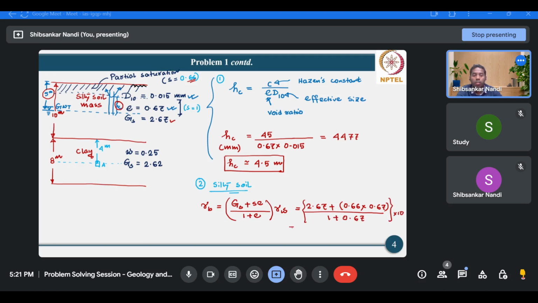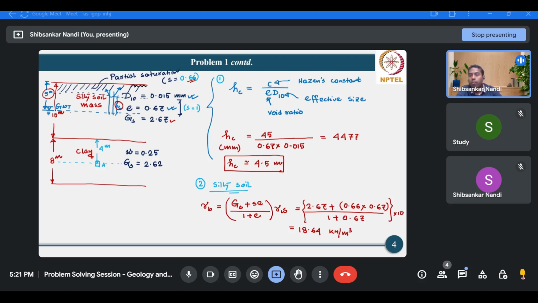Okay, so if we calculate, it will give us 18.64 as the bulk unit weight of the silty soil mass for a thickness of 0.5 meter.